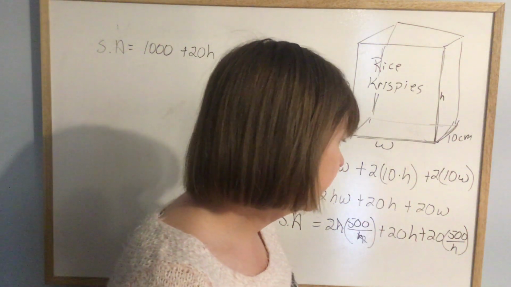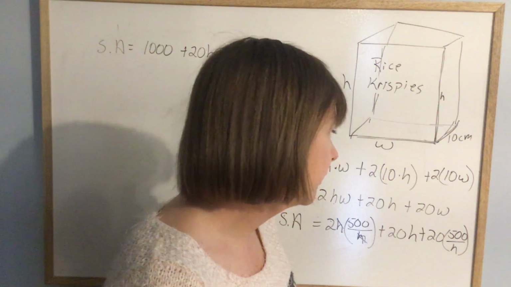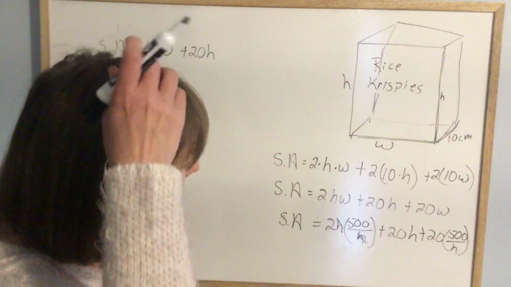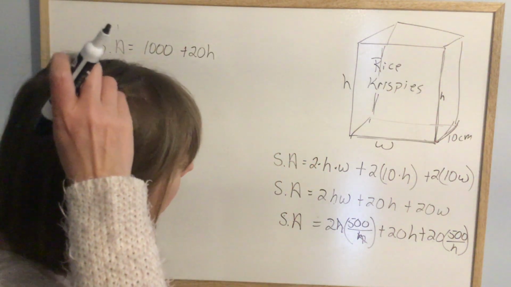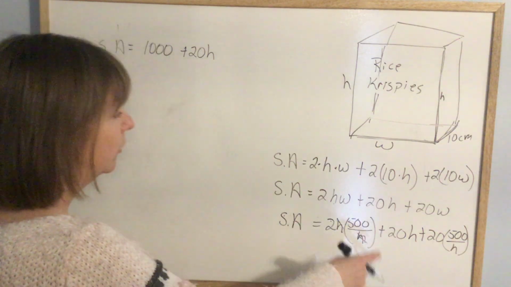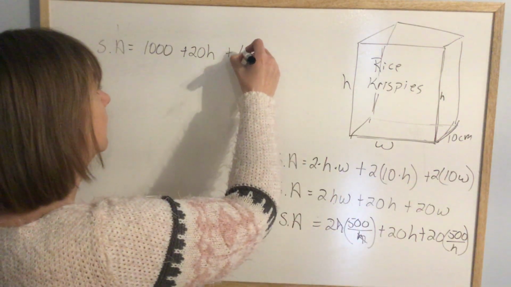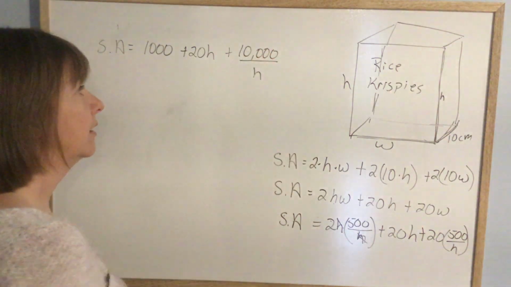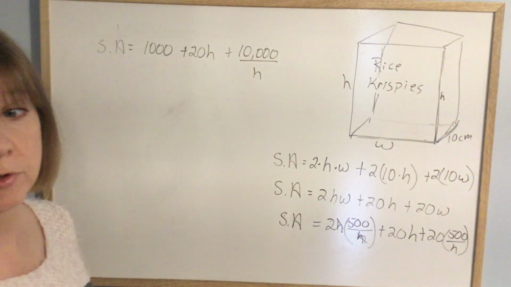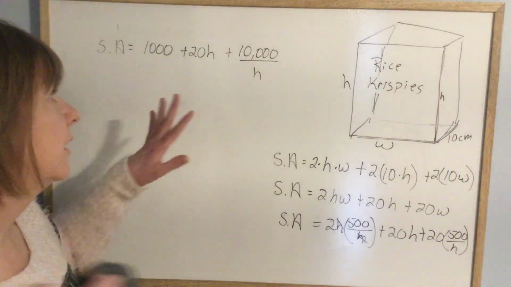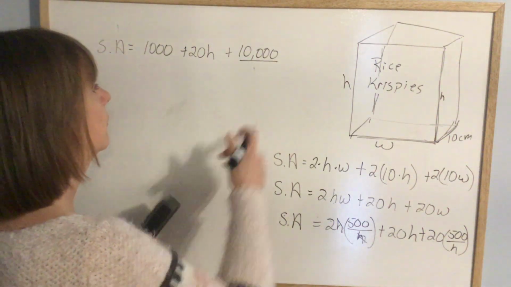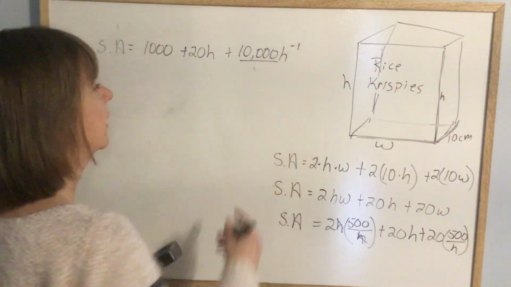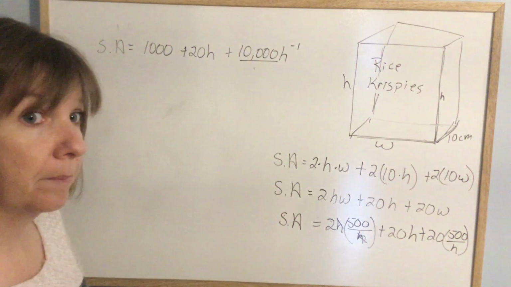Or is it 1,000? No, it would be 10,000. So it would be 10,000 and it would be over H. But instead of writing it as 10,000 over H, I don't really want any fractions in this, so I'm going to write H to the -1 and just bring it up to the top.